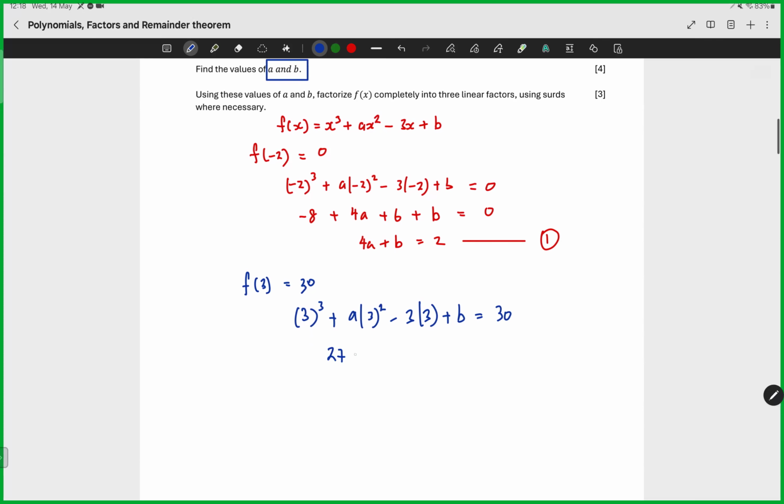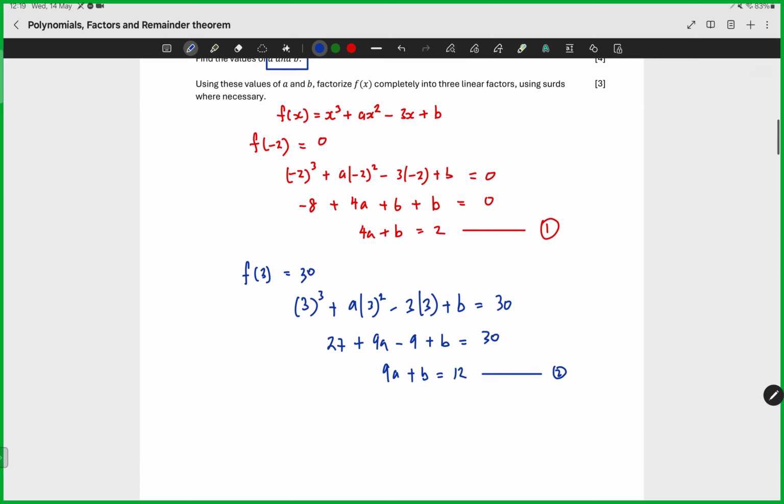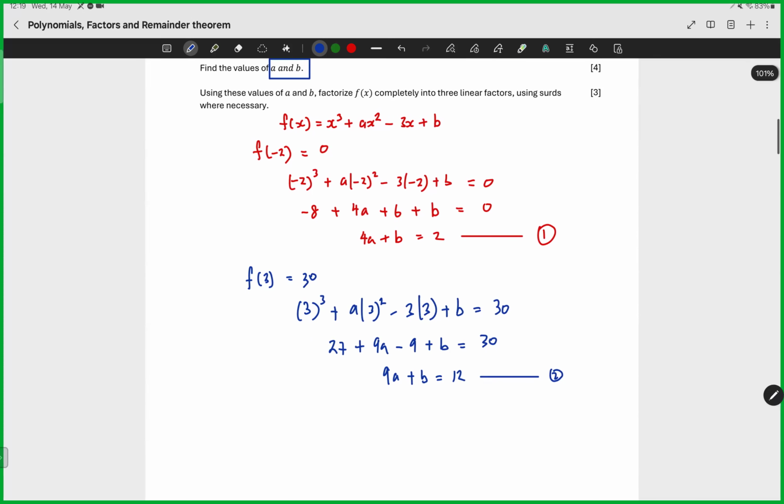So 27 plus 9a minus 9 plus b equals 30. So 9a plus b equals 12.